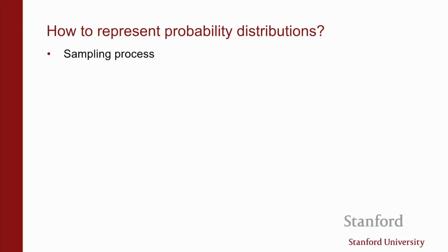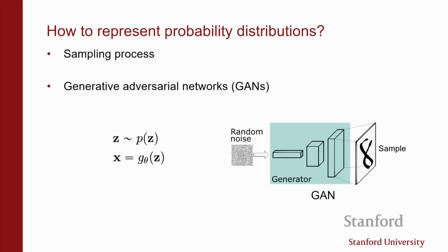The alternative way to go about this is to just model the sampling process. This is an implicit generative model, like a GAN, where we just describe the way you produce samples. For example, you feed random noise through a neural network. Essentially, any neural network you pick as the generator defines a valid sampling procedure.